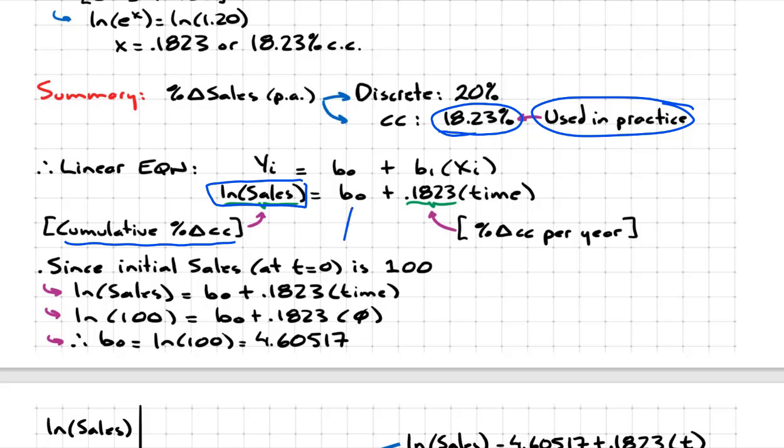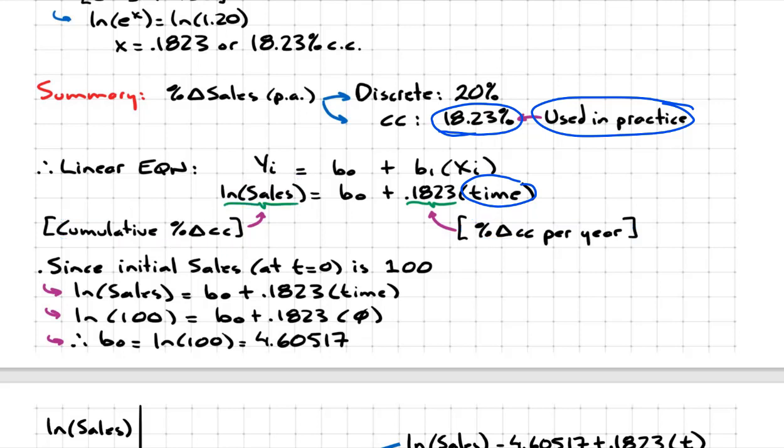So here's the B0 term, and this 0.1823 represents the percentage change in sales, again in continuous compounding format, per year. And let's see if we can make sense out of that. So the cumulative percentage change in sales depends on what the percentage change in sales is per year multiplied by the period in which you are in.